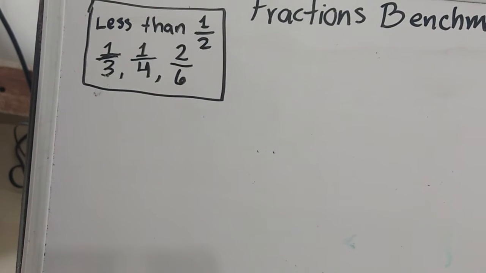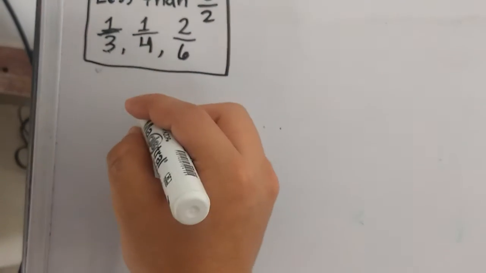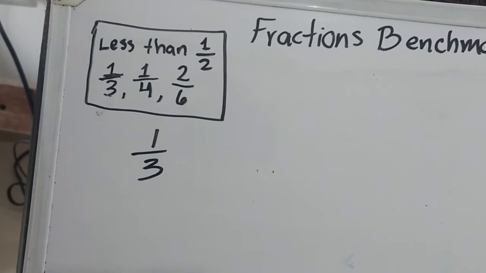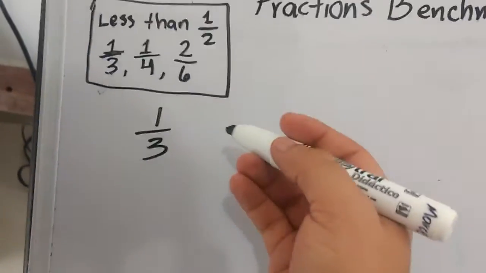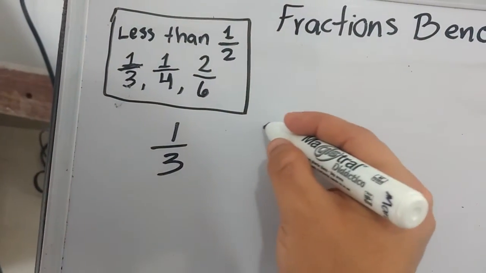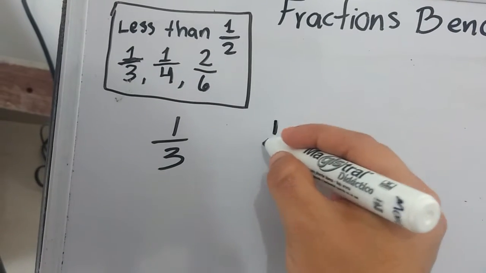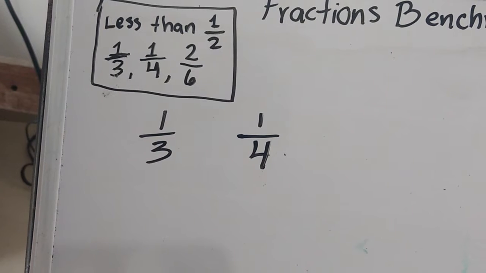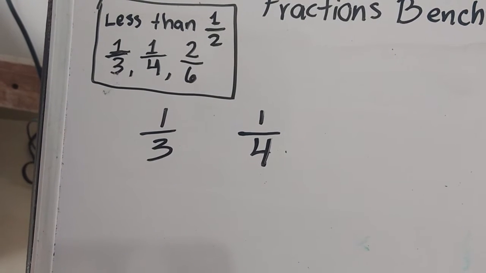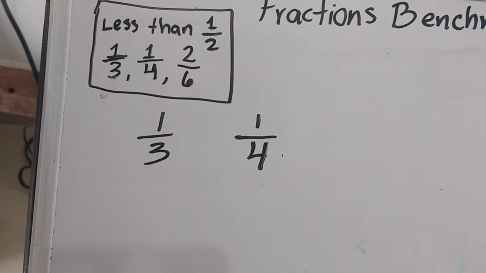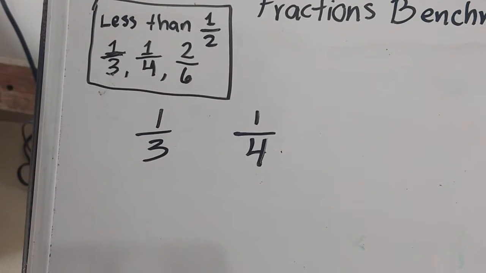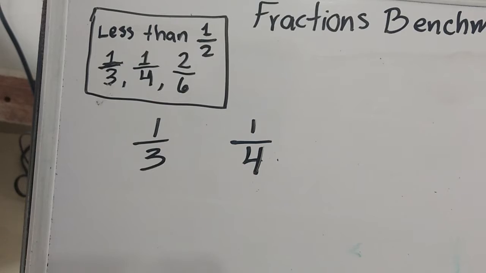I'm going to use, for example, 1/3 and maybe 1/4. So I have the examples here. It says, of these fractions, which one is closer to 0?